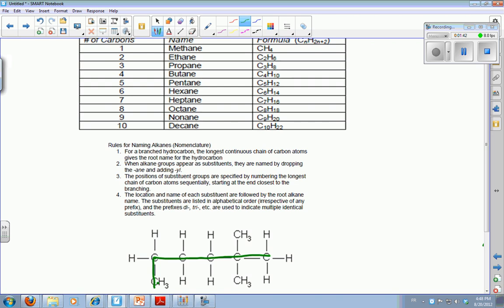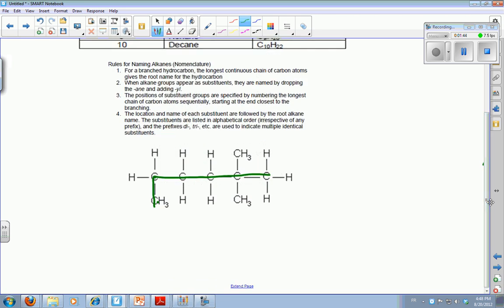These are all single bonds, so our root name is going to be hexane. So I'm going to write hexane out here. Then I need to look and see, is there anything hanging off? We do have a CH3 hanging off from our main root chain.